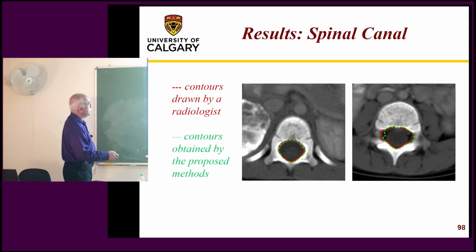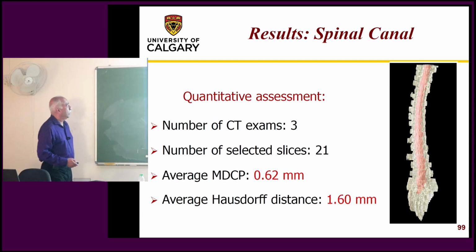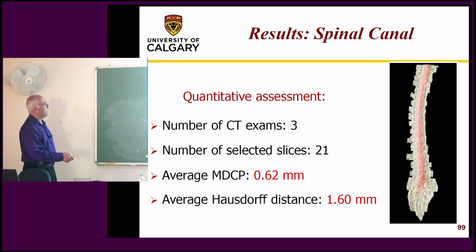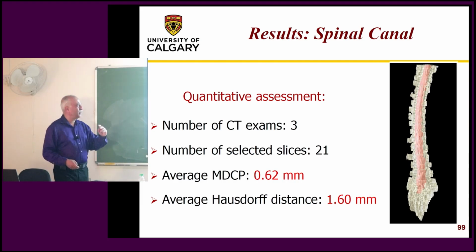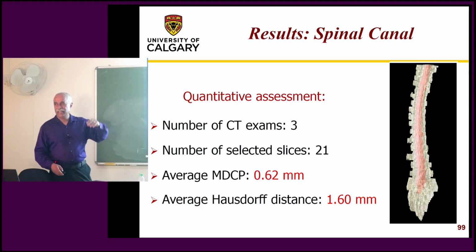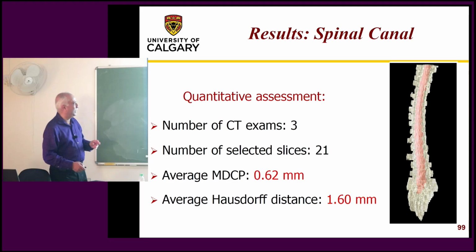So this is the spinal canal, the contour detected by our method in green, the contour drawn by the radiologist in red. There is a good match here, not so good a match there. So we evaluated on 3 CT exams. We didn't do this for all of them. Asking the radiologist to draw the contours of the spinal canal on 500 images was not worth the time.